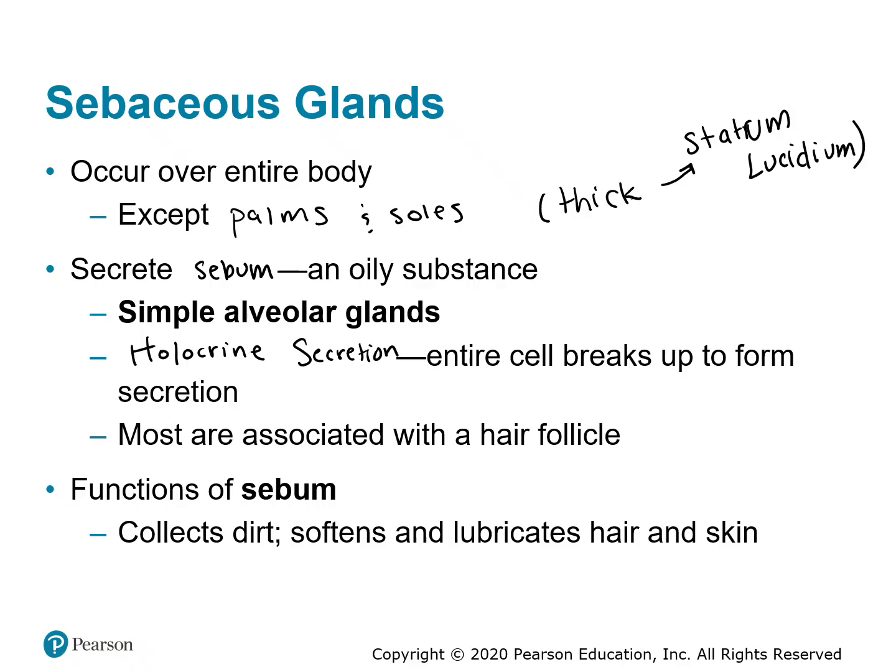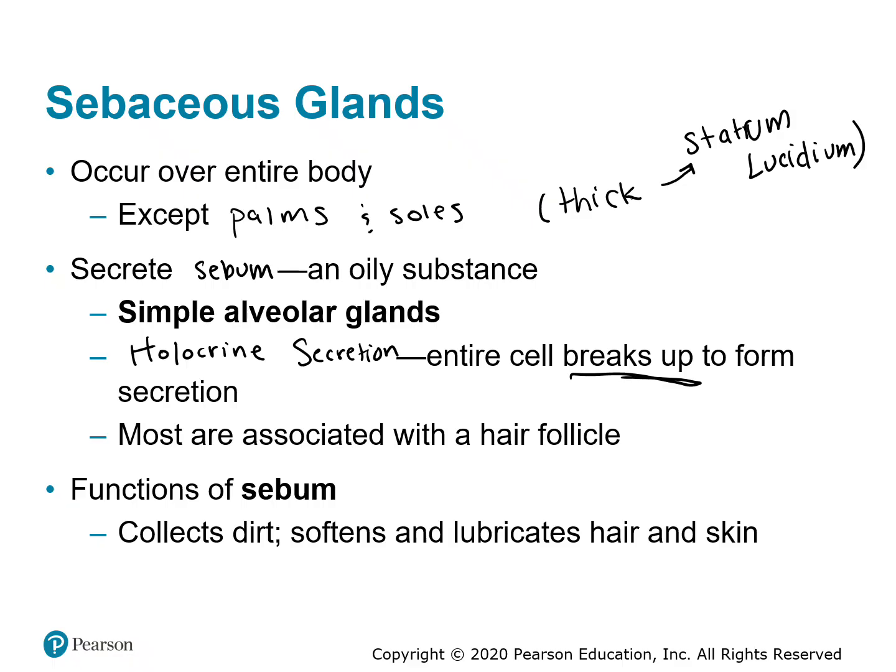There's two types of secretion, holocrine and merocrine. Holocrine secretion will break the entire cell to do the secretion. Merocrine secretion just breaks open a piece of it and then it covers itself back up.